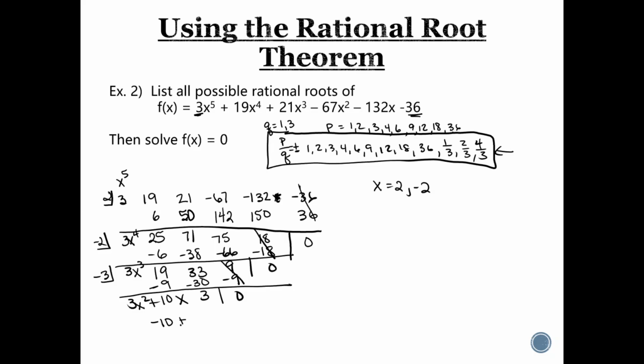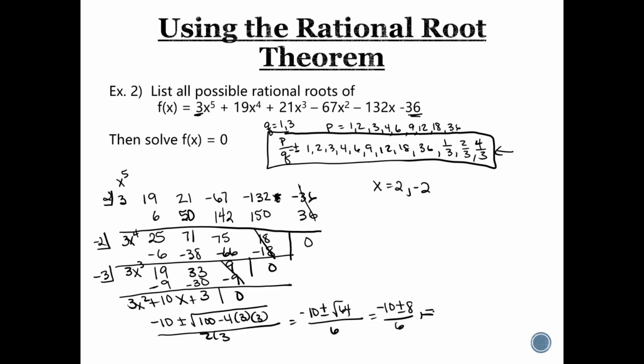So -10 plus or minus the square root of 100 minus 4 times 3 times 3, all over 2 times 3. So I get -10 plus or minus the square root of 64. And so when I finish that off, I have -10 plus or minus 8 over 6.